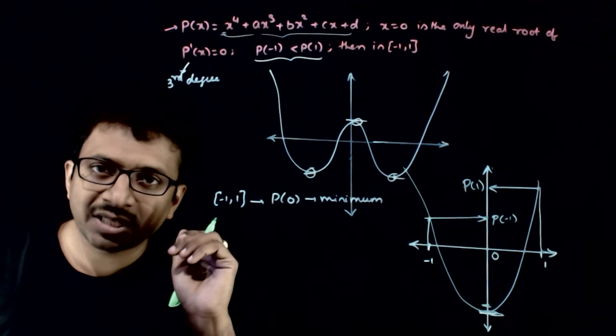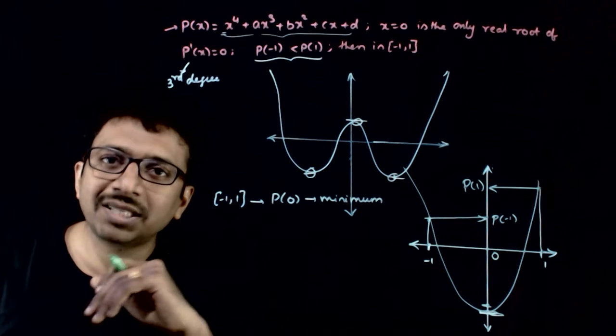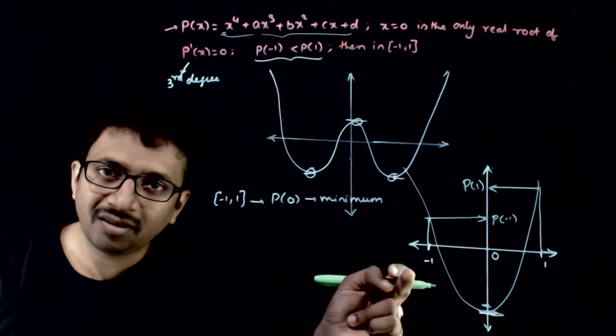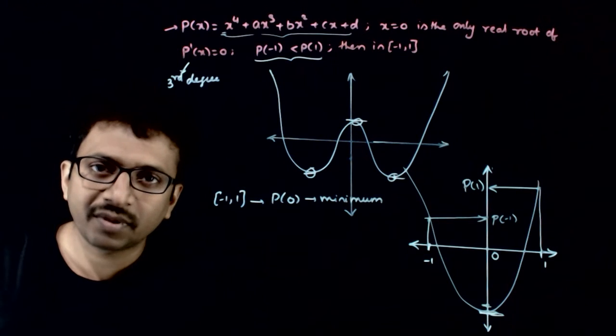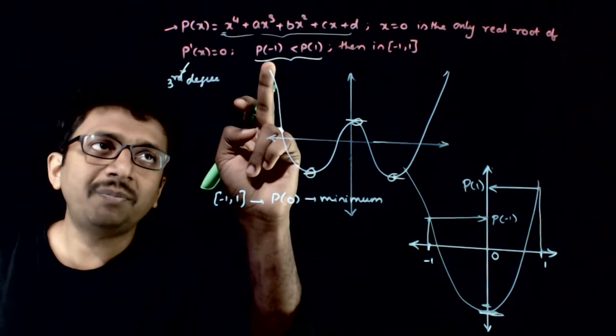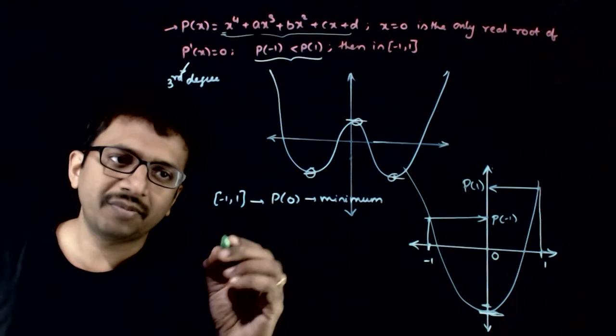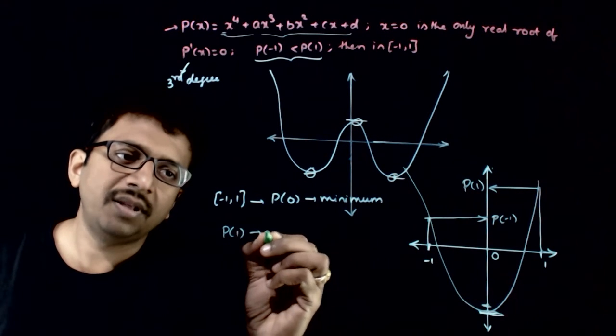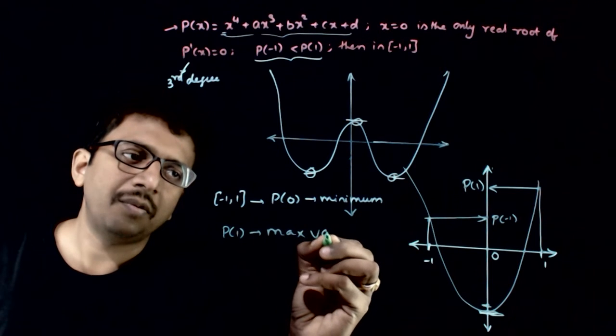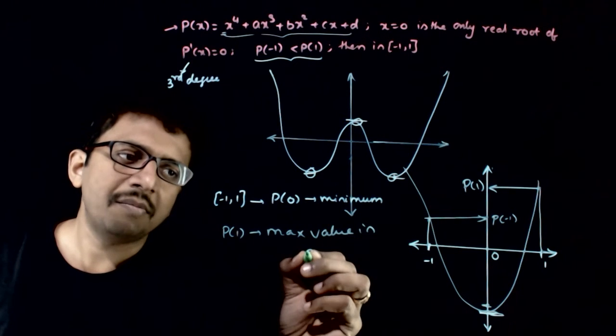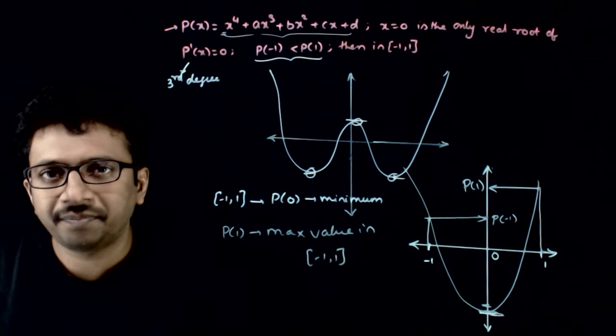And there is no local maxima. So what will be the absolute maxima? Absolute maxima will be the maximum of the boundary values. And it is given that p of minus 1 is less than p of 1. So what will be the maximum value within this interval? p of 1 will be the maximum value in minus 1 comma 1.